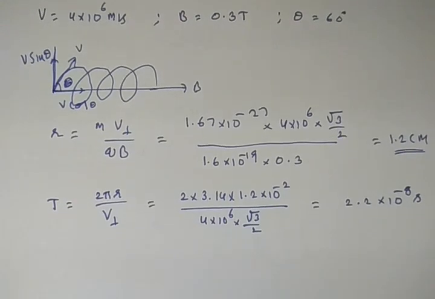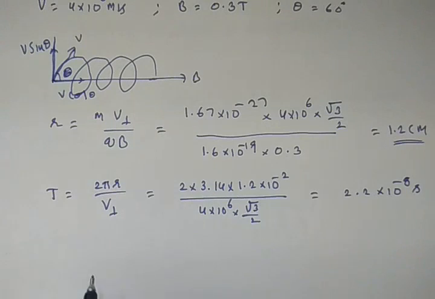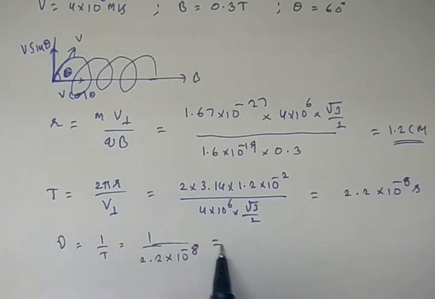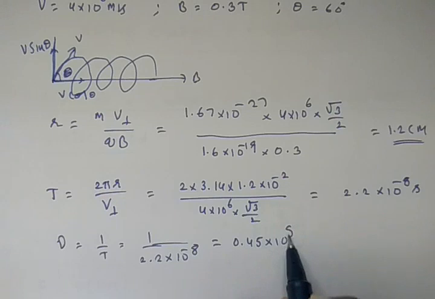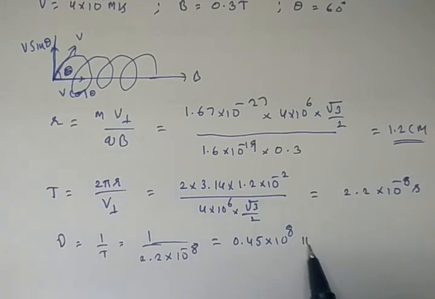And you can also find the frequency. Frequency is defined as the reciprocal of time, that is 1 by 2.2 × 10^-8, which equals 0.45 × 10^8 hertz.